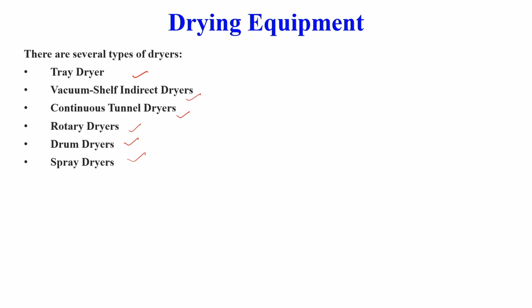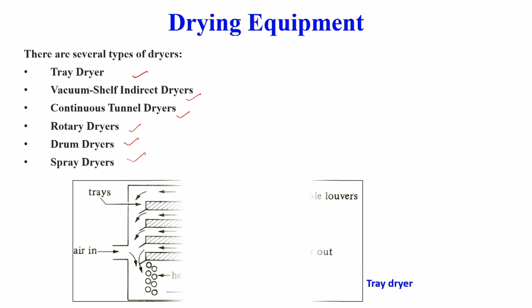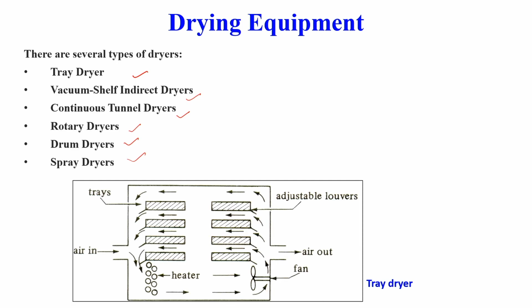Now, these are the different configurations of those drying equipment. For example, this is a tray dryer. There are different trays, and in those trays you keep your sample or product which you want to dry.